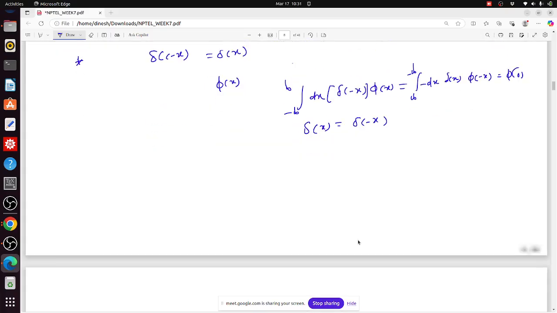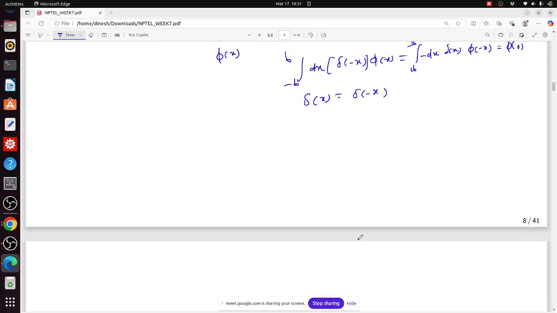So next is delta(ax) is equal to 1 by mod a times delta(x), for a not equal to 0.